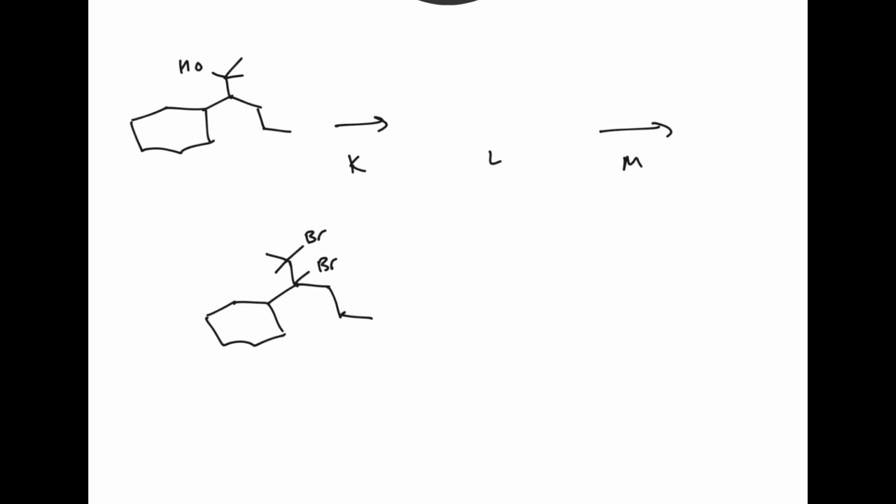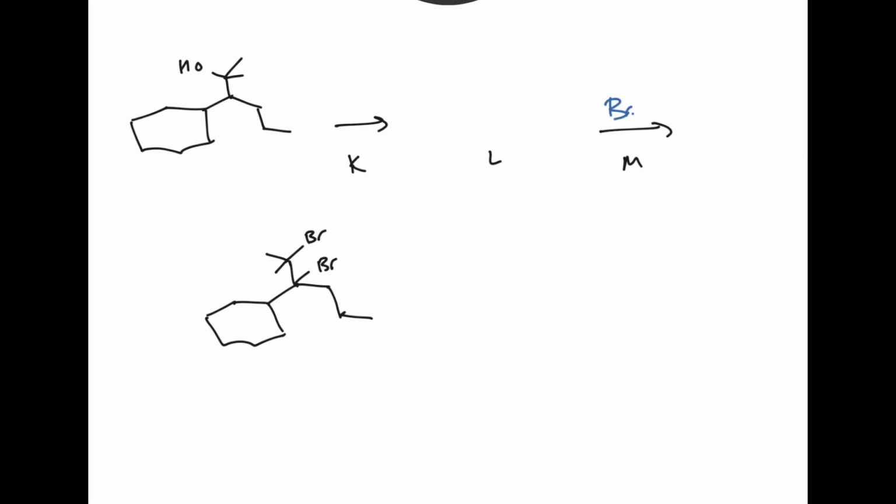So how do you know how to put 2 bromines on something? This is some sweet, sweet organic one. It's just Br2. And what does the Br2 have to react with?